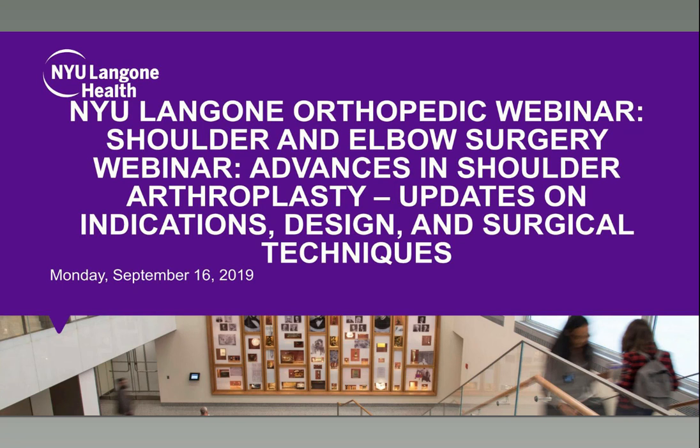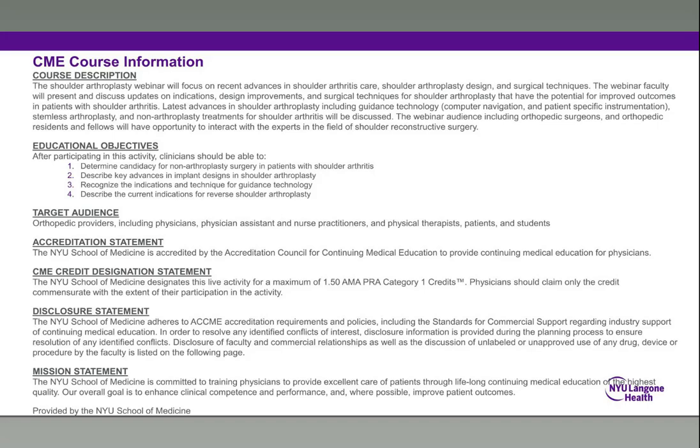In that discussion, I think there is data to support a benefit, albeit relatively short-lived, as we discussed. So it's definitely part of the algorithm when we see these patients, and it's primarily for those whose primary complaint is more limited motion than pain.